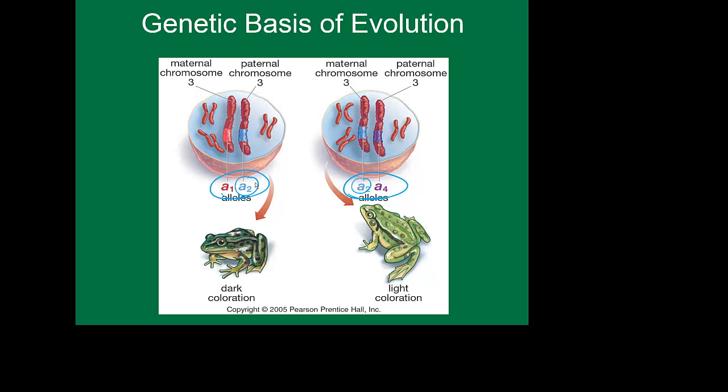But what we want to think about is it's the recombination, this new assortment of alleles in the new offspring that lead to the differing color patterns. Remember, our original was some sort of intermediate green, right? But they carried the information for both of these color patterns. That's critical for evolution to actually occur.